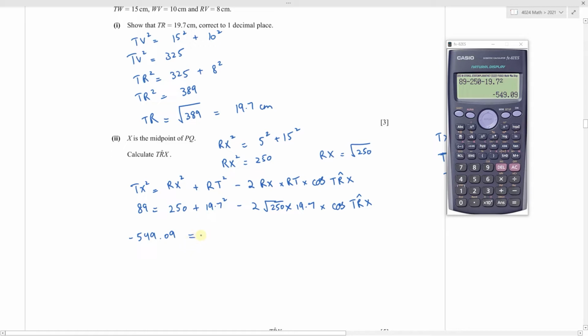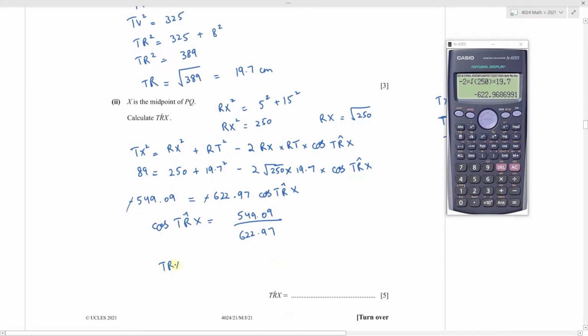So this is minus 549.09 equals to minus 2 into square root of 250 into 19.7, minus 622.97 cos of TRX. Minus and minus will cancel out. Cos of TRX will be 549.09 divided by 622.97.